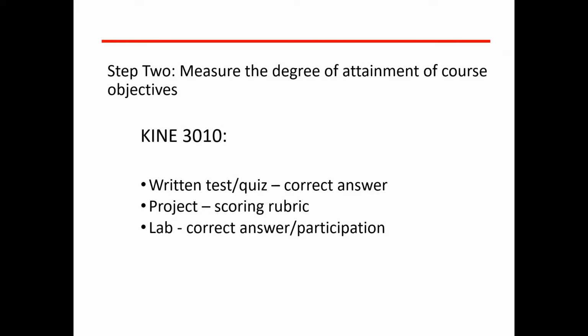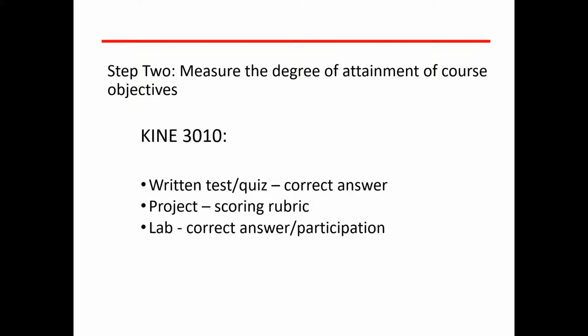So how do these different types of assessments link to those course objectives? While we're going through these tests, your correct answer shows your degree of attainment for that course objective. So each question refers back to a course objective. Same with your projects.